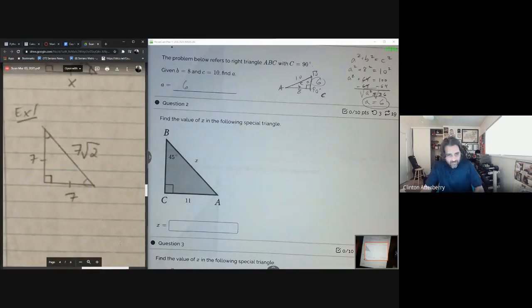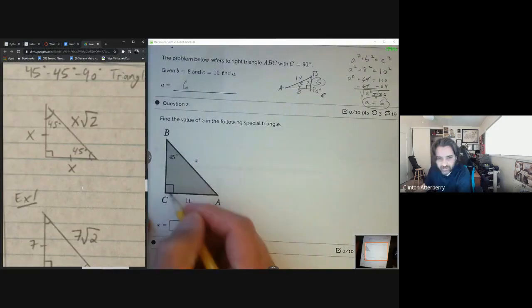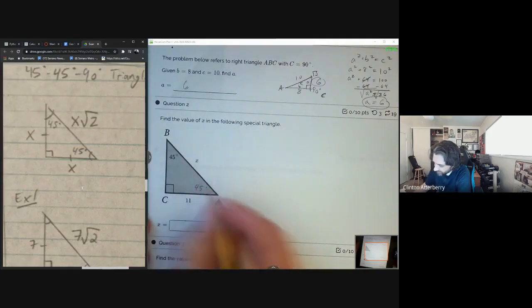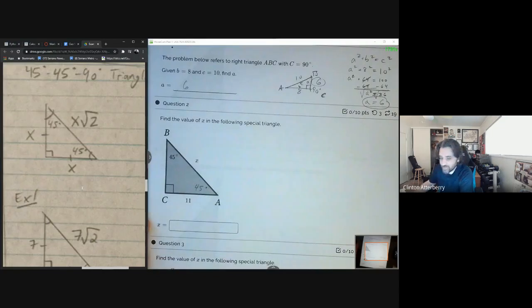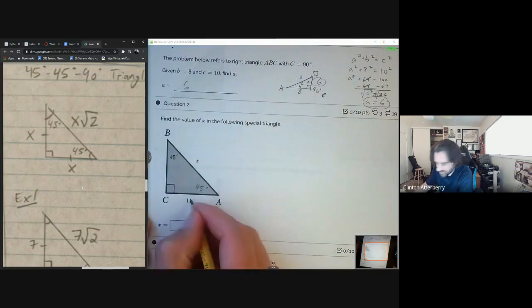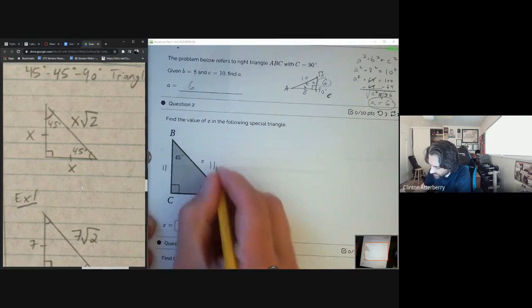This pattern says, with a 45, 45, 90 triangle, I recognize it's got a 45 degree and 90 degree angle. It forces this one to be 45 every single time. Every time. So following this example, whatever's on this side is up here also. And whatever's up here at the hypotenuse is going to be this number times the square root of 2.